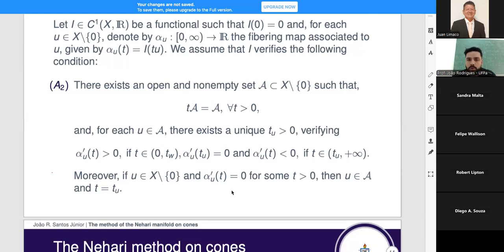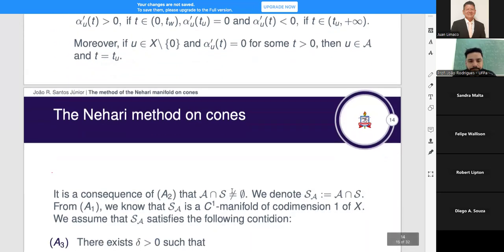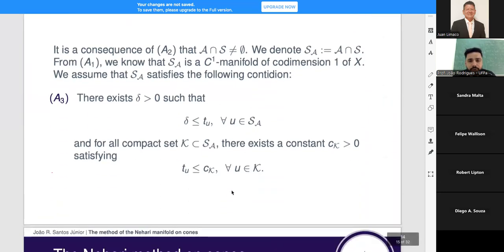We will show that later on. The last assumption involves the maximum point of the fiber, which we will denote by t_u. So t_u is greater than or equal to some positive constant for all u belonging to S_A.